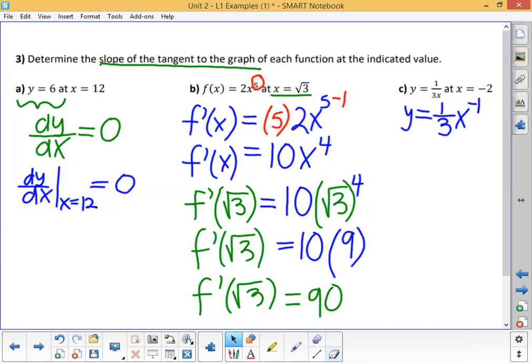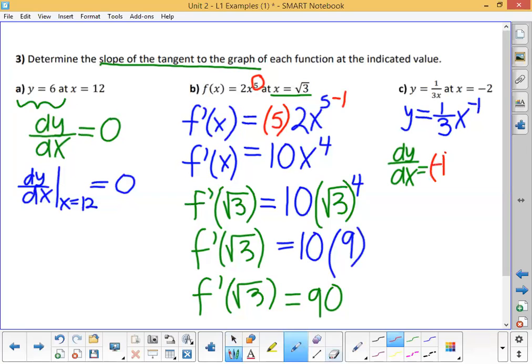When I do my dy over dx, I have to remember to bring down that -1, multiply by 1/3, subtract 1 from the power, so x to the power of -1 minus 1.